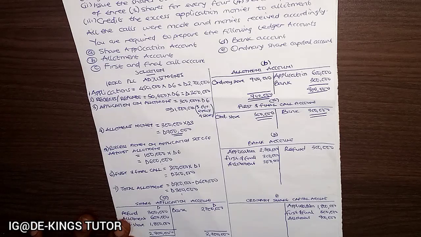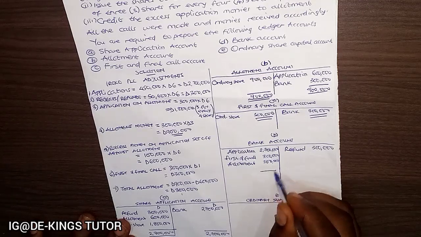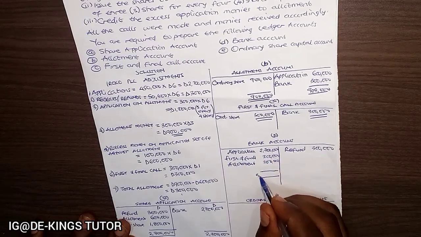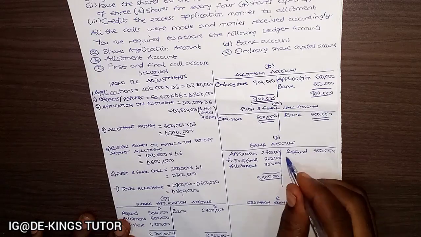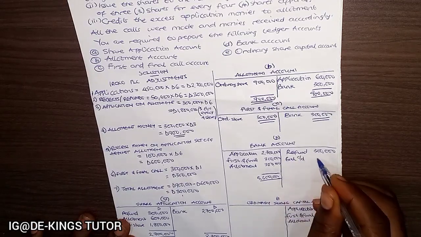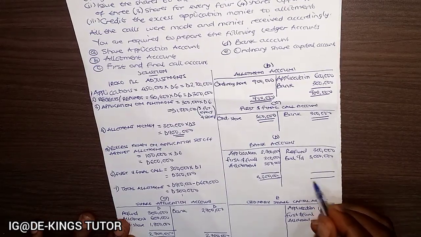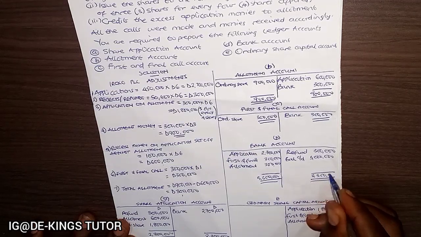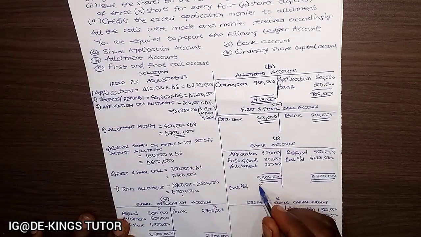Then we have the bank. If we add this, it's 2.7 million plus 300,000, that's 3 million. This will give us 3,300,000, minus the refund of 300,000. So our balance carried down is 3 million. So the balance brought down will be 3 million.